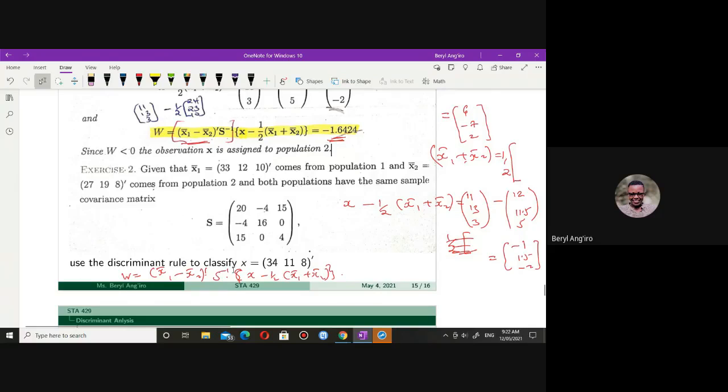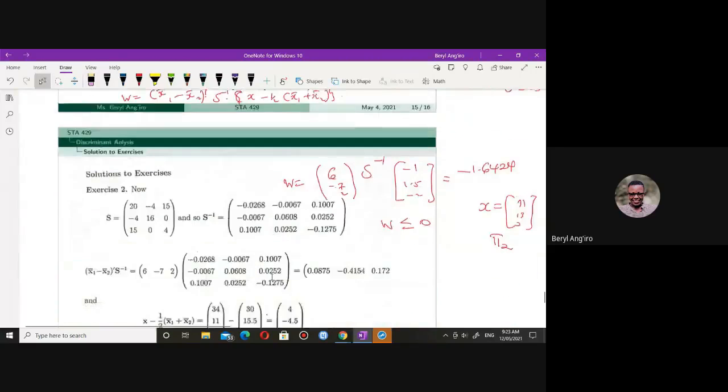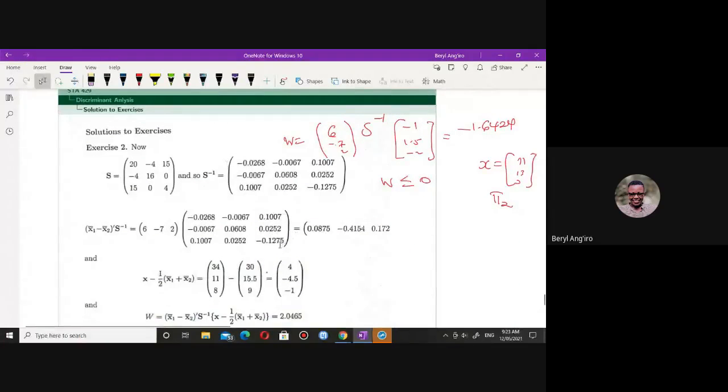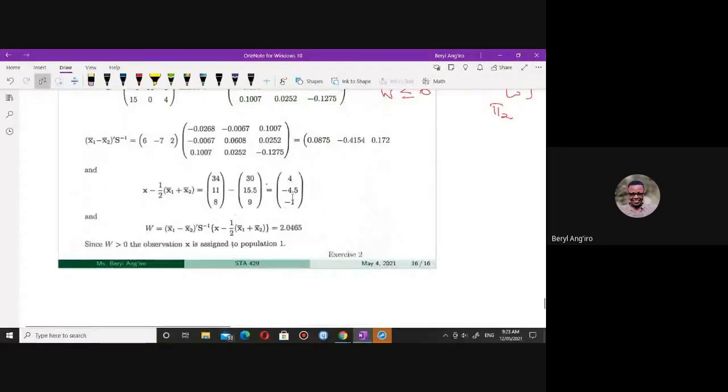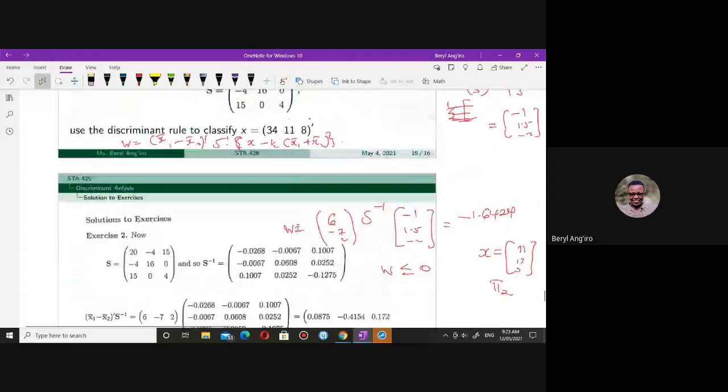You need to classify a vector x, (34, 11, 8), using the discriminant rule. And then there's a solution for that, so you can follow through and see how it goes.